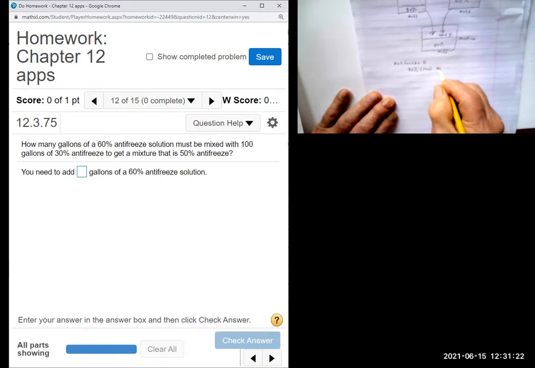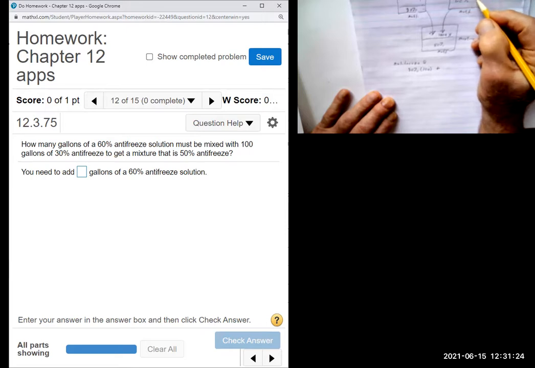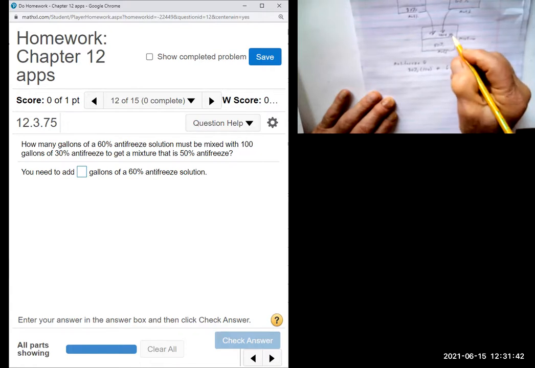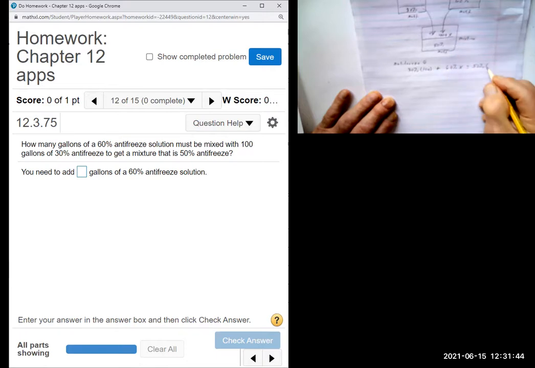I want to add that to the amount of antifreeze from the unknown gallonage. So that's going to be 60% of X. When we dump these two quantities down into the mixture, we have a 50% antifreeze, but how much mixture do we have? We said a moment ago we have 100 plus X. So there's your antifreeze equation.